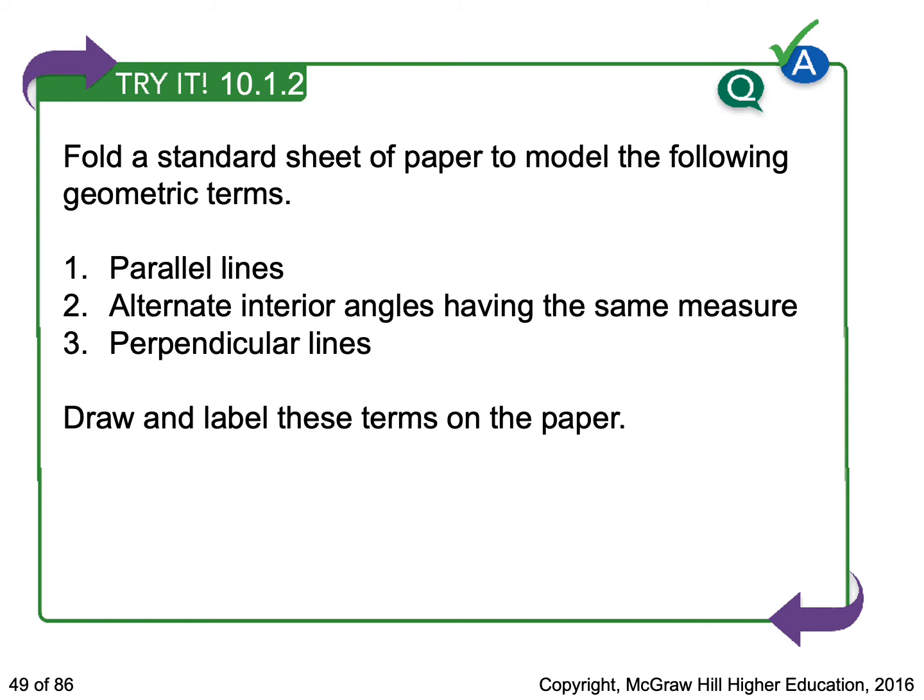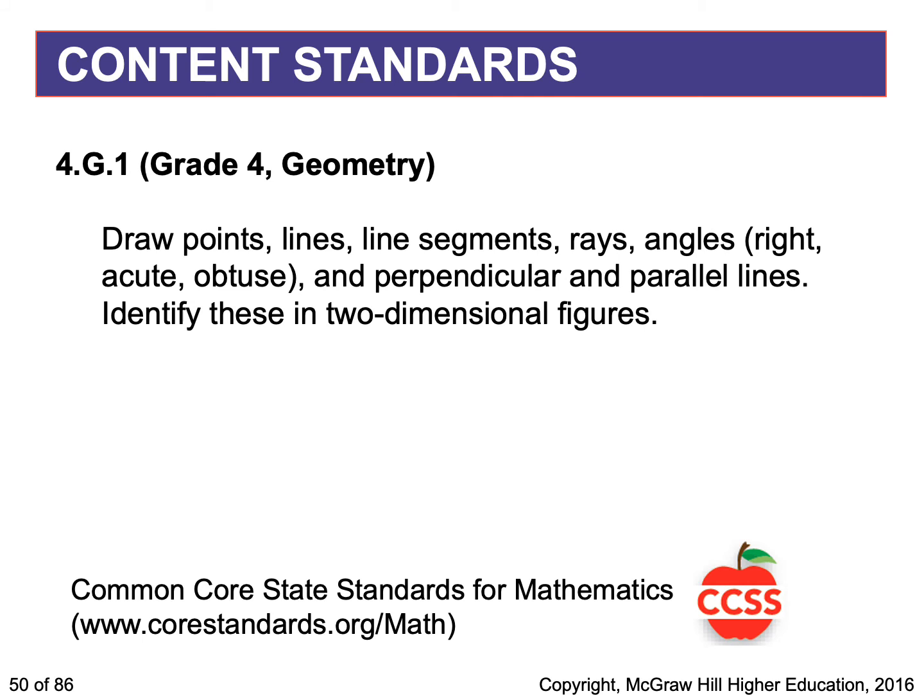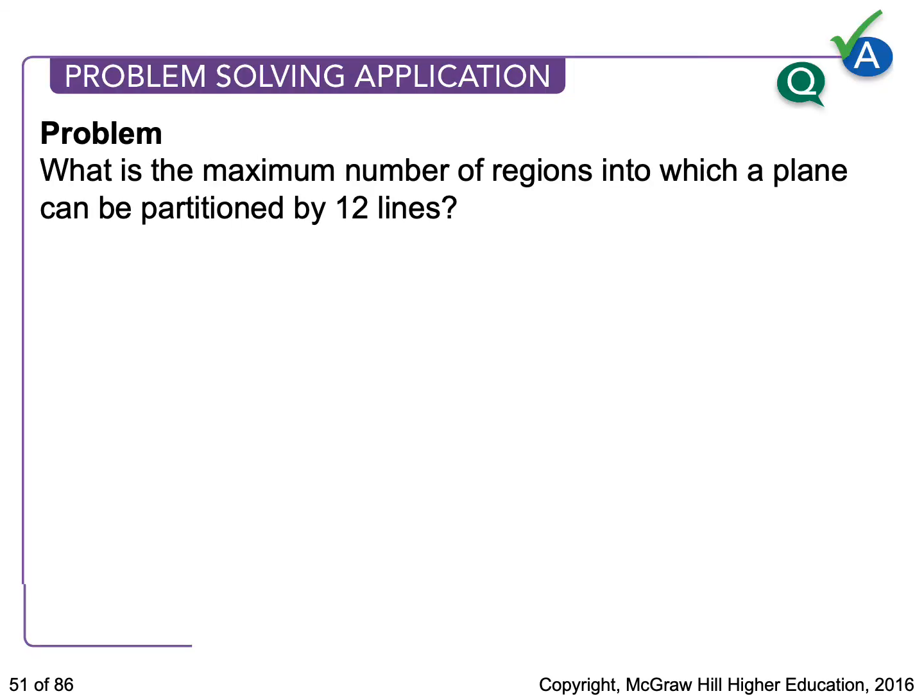Fold a standard sheet of paper to model the following geometric terms, and so you can fold the paper, take a snapshot, and upload to the discussion board. A Common Core statement about 4th grade geometry. And this is a problem-solving application that you can read through.